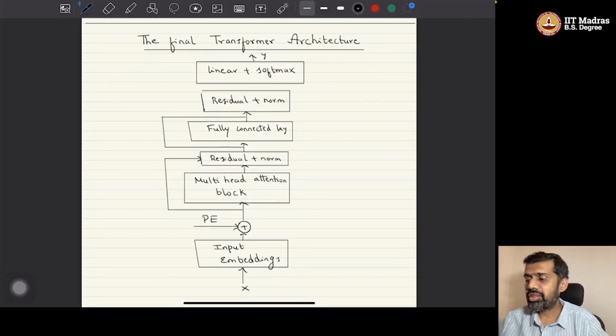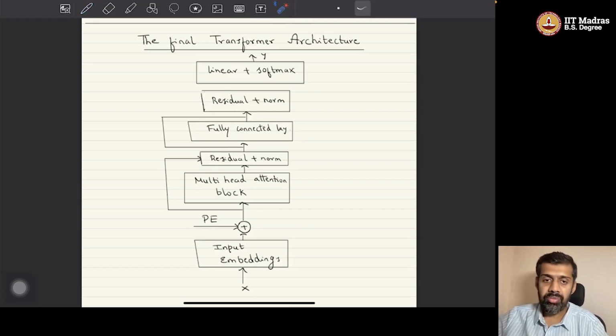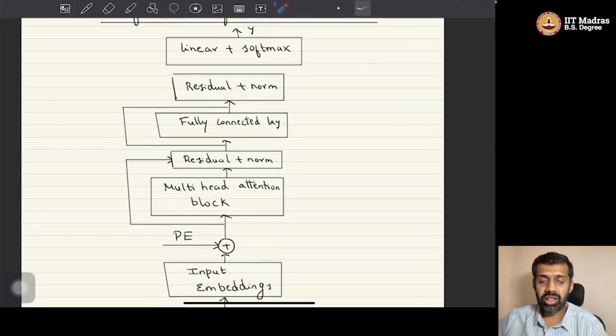So this is what a transformer architecture is. Now, this is just the bare-bone architecture. One can have multiple multi-head attention blocks and multiple fully connected layers, and you can repeat those blocks multiple times and so on. This is a bare-bone architecture of how a typical transformer works.